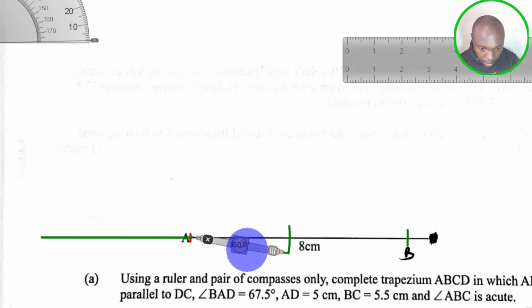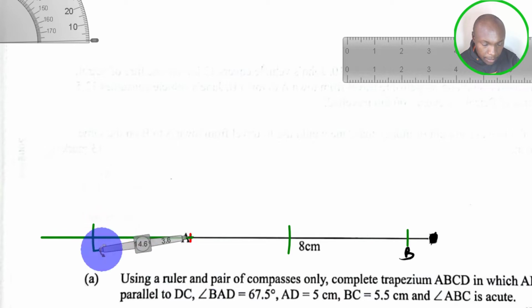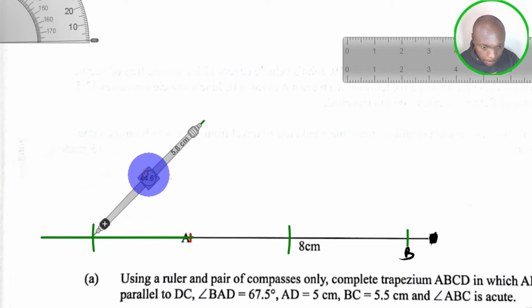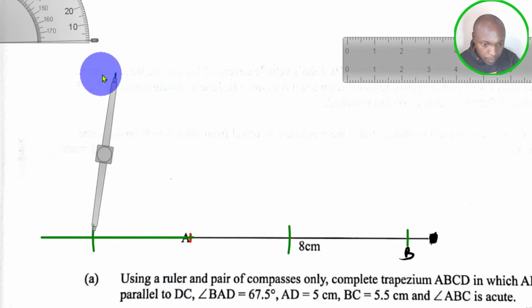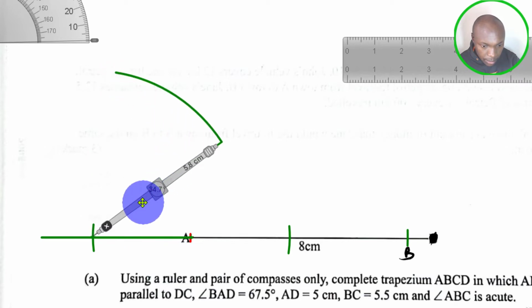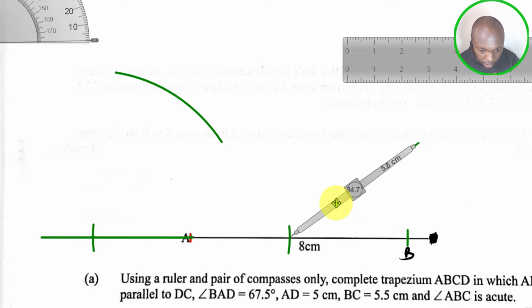I mark an arc. Then on the other side, I will also mark an arc. Then from there, I will stand on one of these arcs and extend the radius a little bit. Then I can mark another big arc there. Then with the same measurement without changing, I'll stand there.